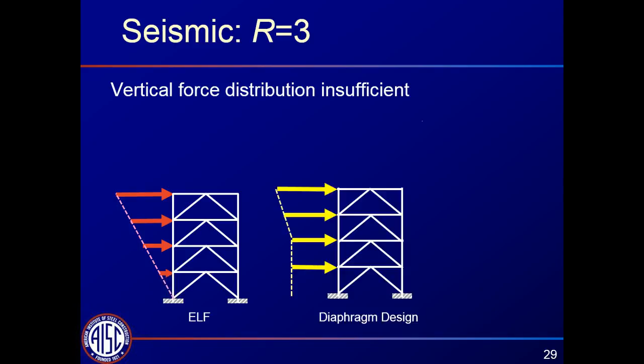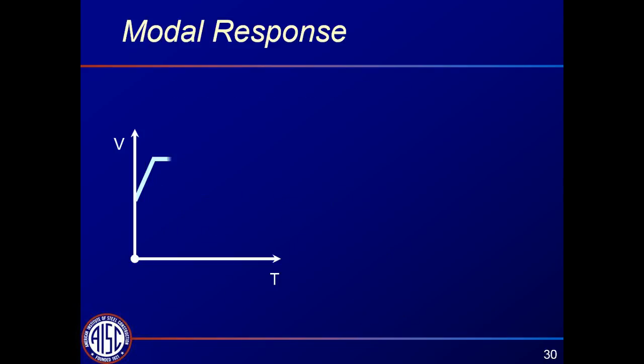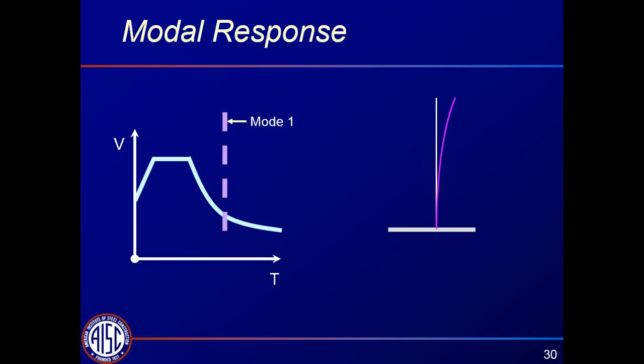And then we have a different set of forces that we use to check our diaphragms. The reason we have this, you can think of it as trying to capture the response of a building that isn't just in that first mode. So we have some forces associated with the first mode. We have some forces associated with the second and third mode.